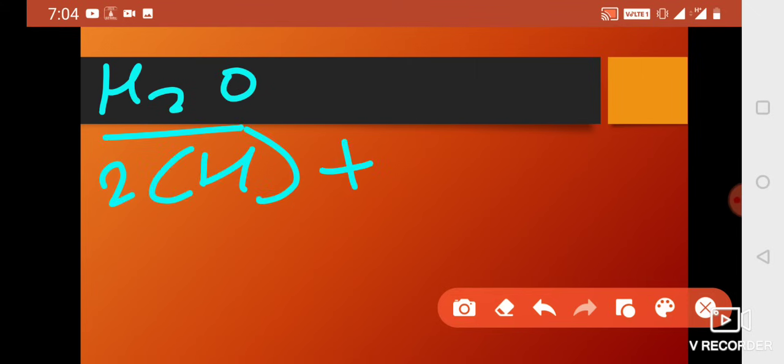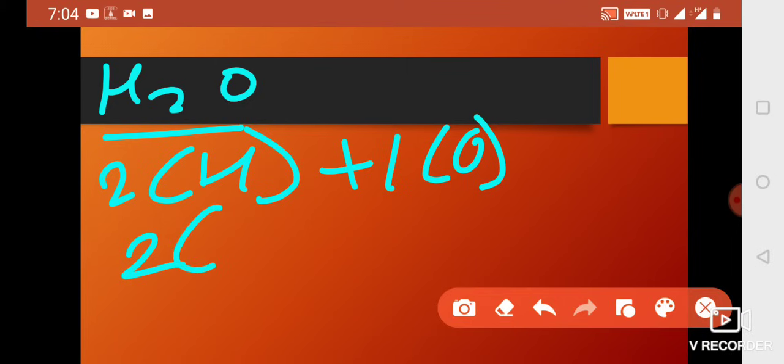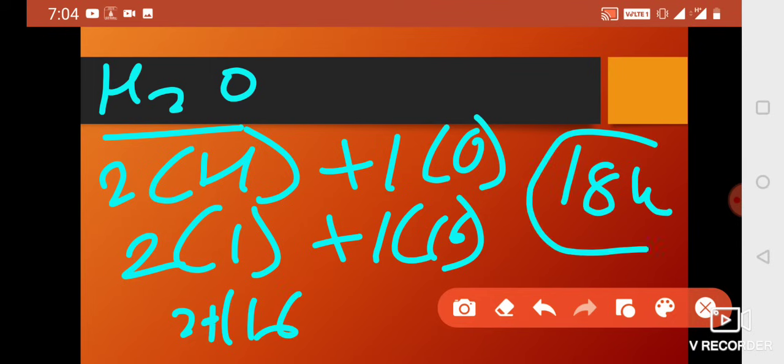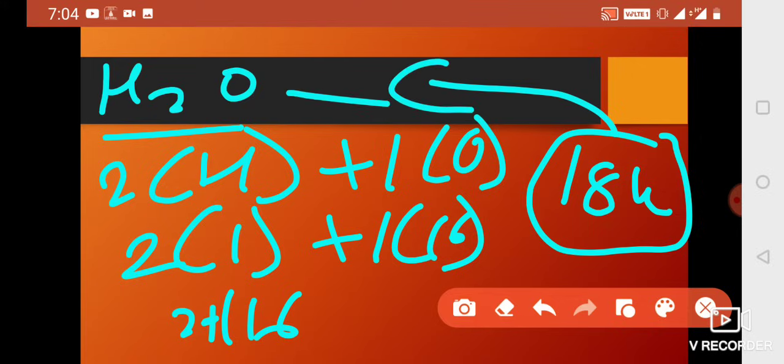Now let us do one more example, that of H2O, water. The water formula we know: H2O. So 2 hydrogen, 1 oxygen. Hydrogen atomic mass is 1 U and oxygen 16. So 2 plus 16 is 18 U. So 18 U is the molecular mass of H2O, that is water.